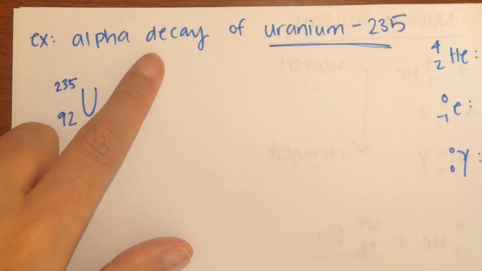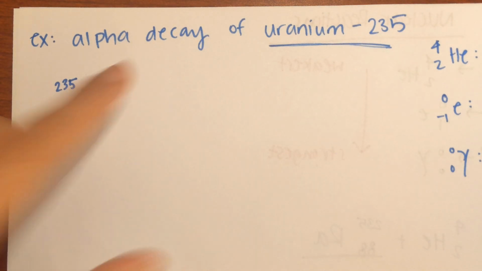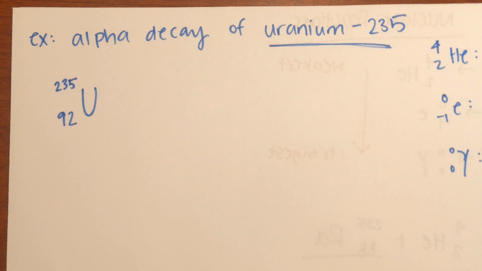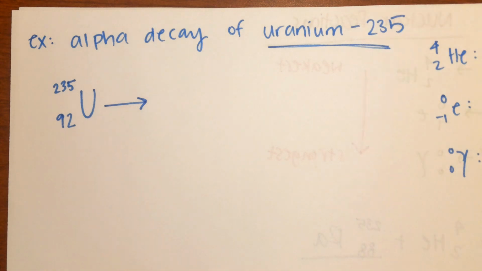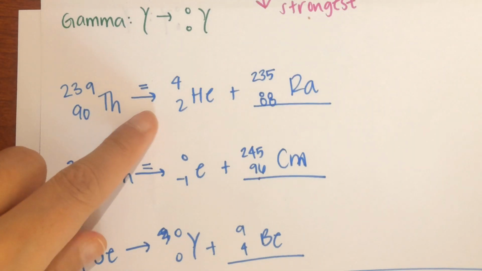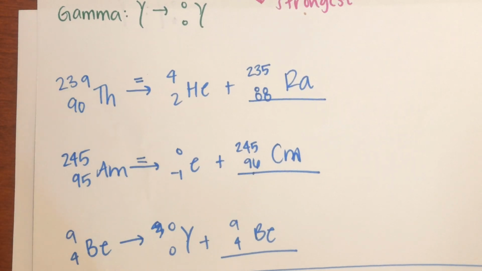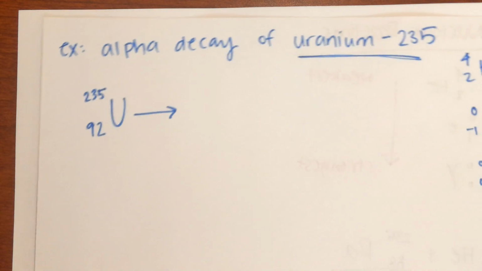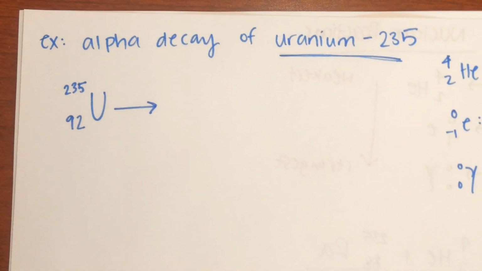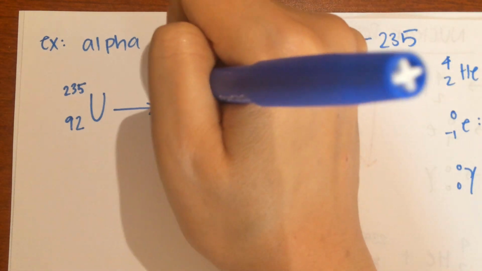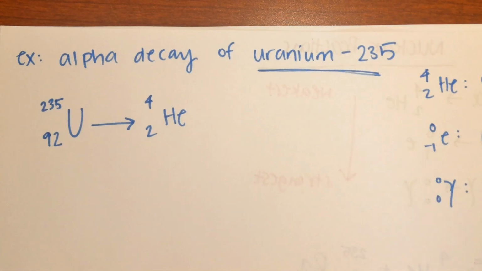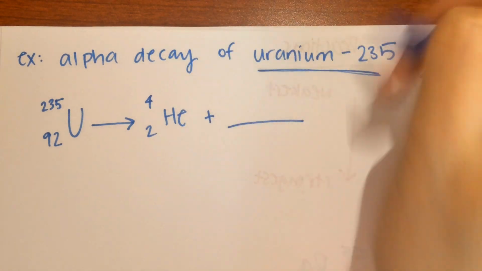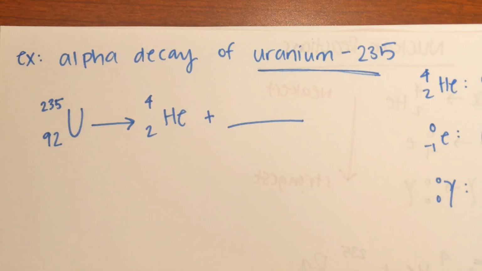Right? So alpha decay now. When you think of the term decay, decay means to break down. And so when it breaks down, you don't add anything. It just literally immediately arrows. So if you notice what I did earlier, it's always the isotope, arrow, isotope, arrow, isotope, arrow, because it breaks down. That's the point of decay. And then since it says alpha, I'm going to put my alpha symbol, the helium isotope. And then from there, we just solve the rest of it, like we just did.